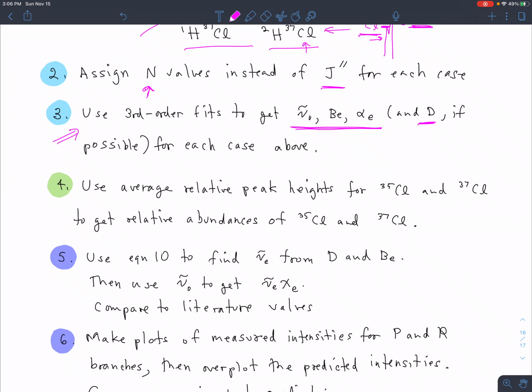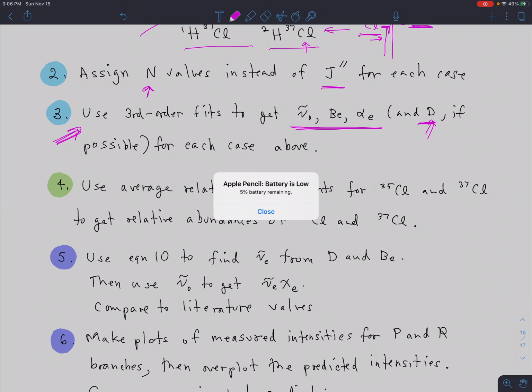Whether our data are good enough to actually get a good fourth quantity, the third order coefficient is a little suspect, and that third order coefficient is what gives you the D value. But you can try and see if you can get a good D value.